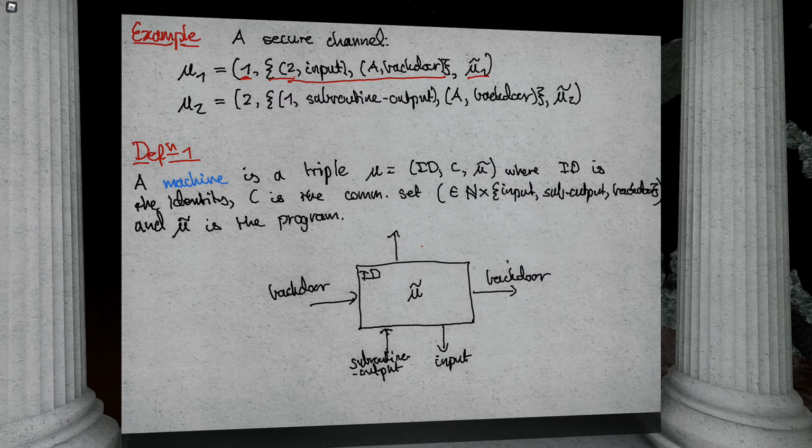And similarly, it can provide output to other machines. And it can receive input from other machines. Okay, so this is what a machine is. It's any concrete realization that satisfies a structure like this. Okay, I'm going to go back to the first board.